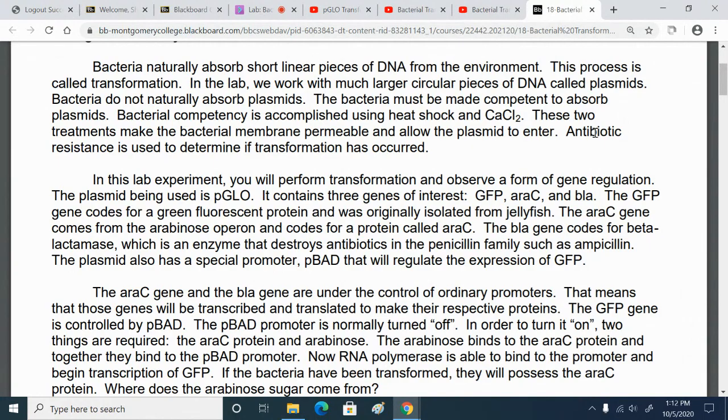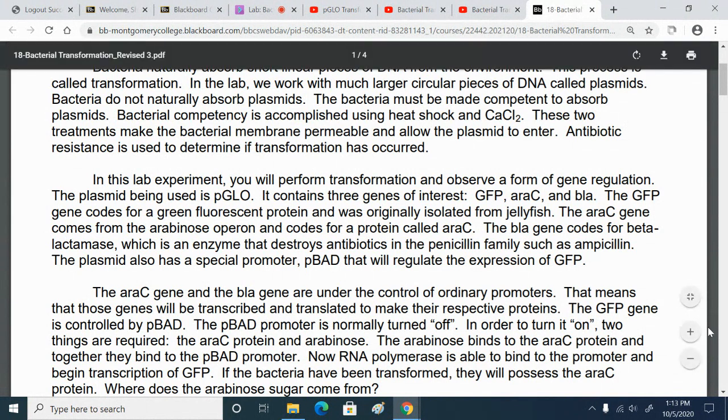But the PBAD is a special promoter. It's actually going to require two things to turn it on. And so that promoter will be in the off position until it gets turned on. And so that means the GFP gene is off, not being transcribed. Okay, thanks.